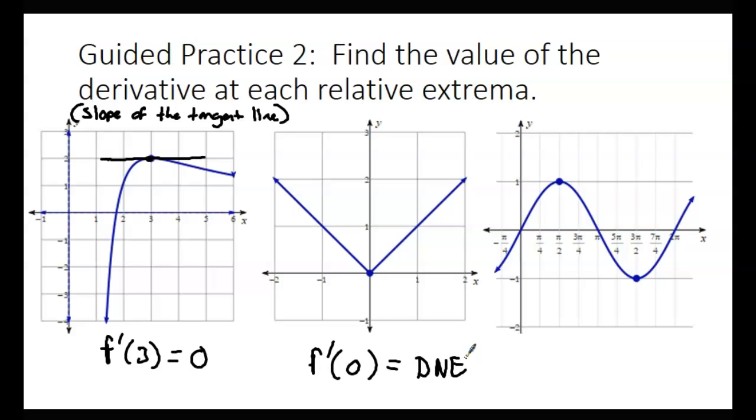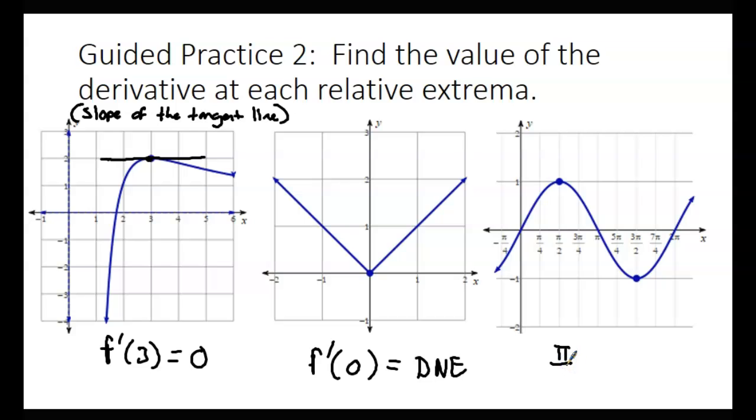Where's my relative extrema on this one? Where are the relative maxes and mins? Oh, I see what you're saying. Yeah, I was looking for the x values, but you're right.